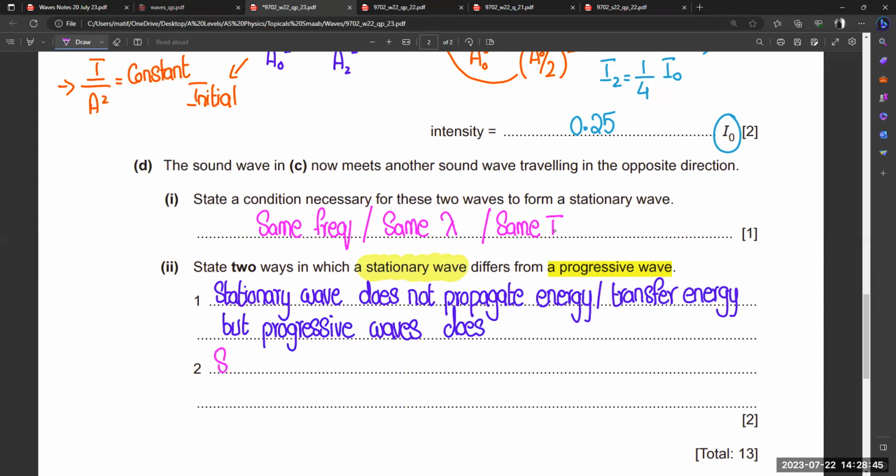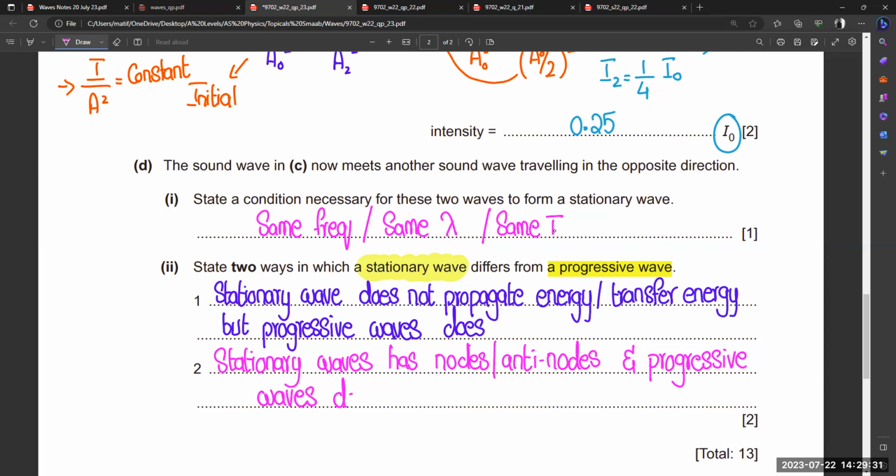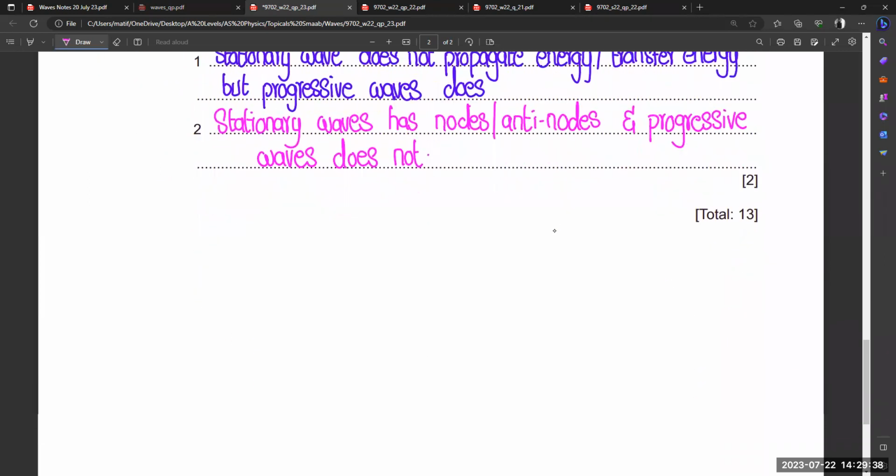And the second one is that the stationary wave has nodes and antinodes, and if we are talking about the progressive one, it does not have. Okay, so this is our complete question of 13 marks.